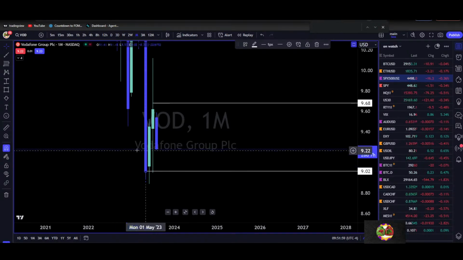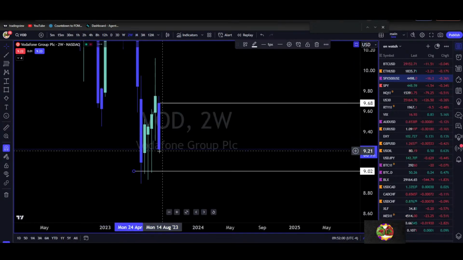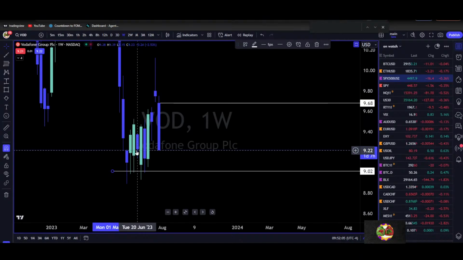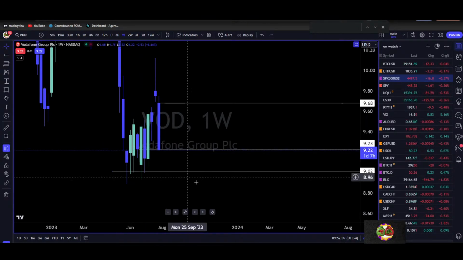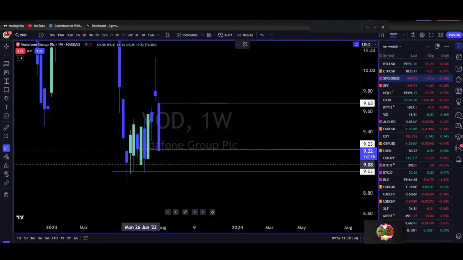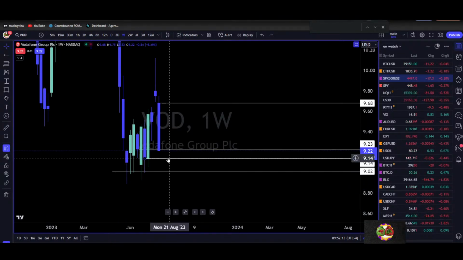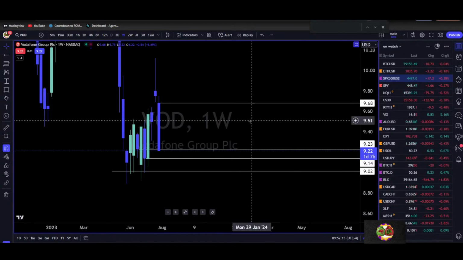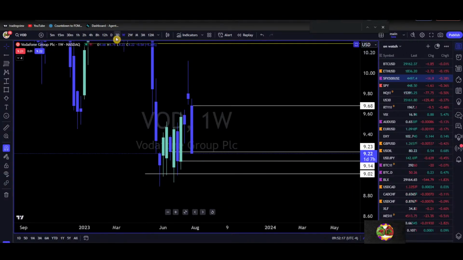I don't see any reason on the higher time frame levels why it would be pulling back from here. But okay, so you got an old weekly support right there. The new weekly support is here. So in my opinion, this thing could drop before it starts to go up.